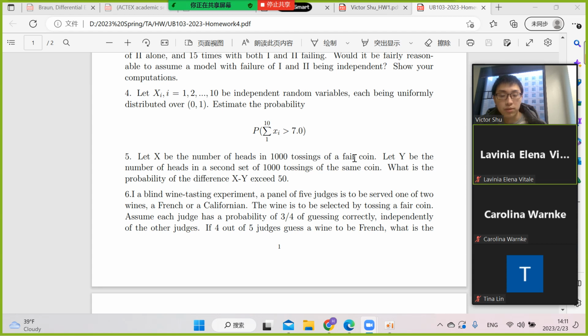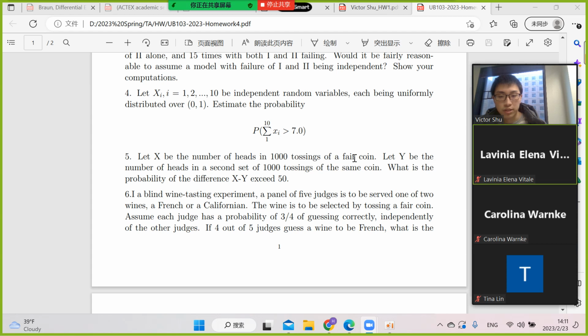You're tossing 1000 times with a probability of a half resulting in heads, so you expect 500 heads. And the same applies to y. Their expected value is 500. And I think you learned this formula in class: the expected value of a minus b.